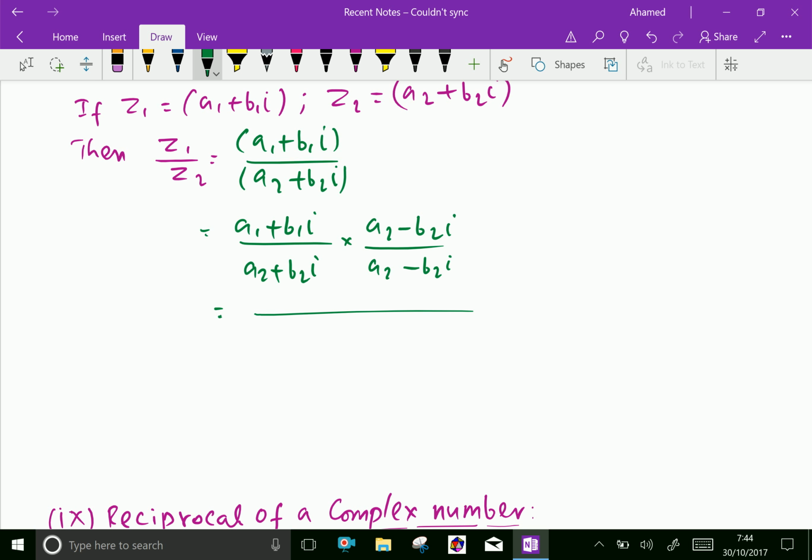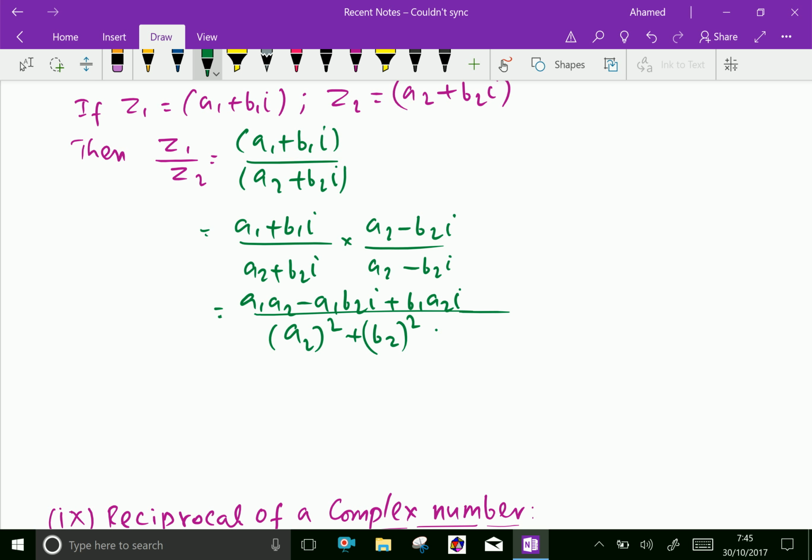The denominator has a2 squared and b2i minus b2i, that is b2 squared i squared, meaning plus b2 squared, and the top a1 a2 plus minus a1 b2i plus b1 a2i.